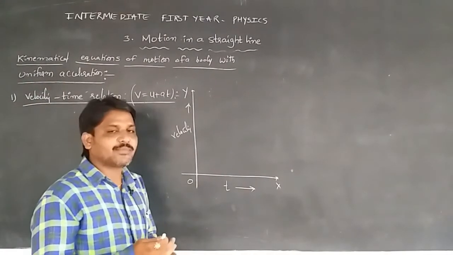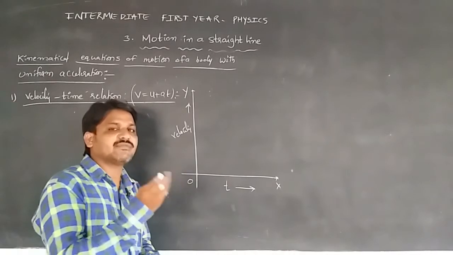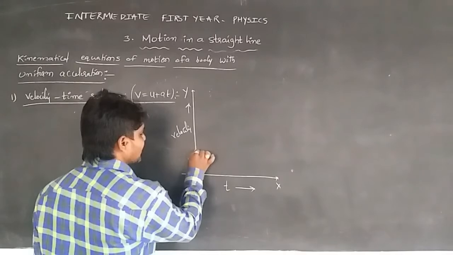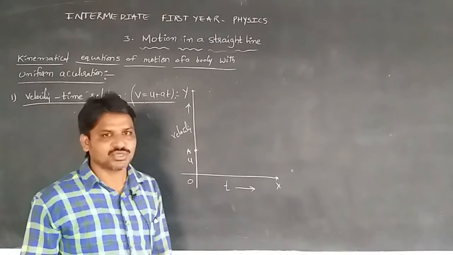Consider a particle already having some velocity, initial velocity u, means this is u. A particle is having an initial velocity u.